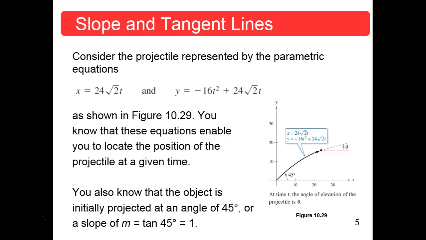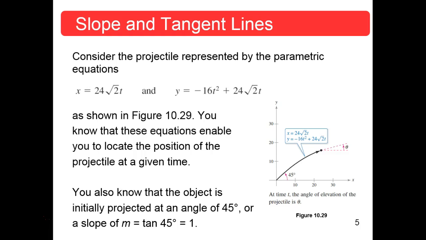So, let's consider a projectile represented by these two parametric equations. X is equal to 24 times root 2 t. I really don't like writing it this way, because now this in print is pretty clear: the square root sign stops at the 2, the t is outside. But it could be a little ambiguous, especially if you were writing this by hand and couldn't tell whether that included the t or not.